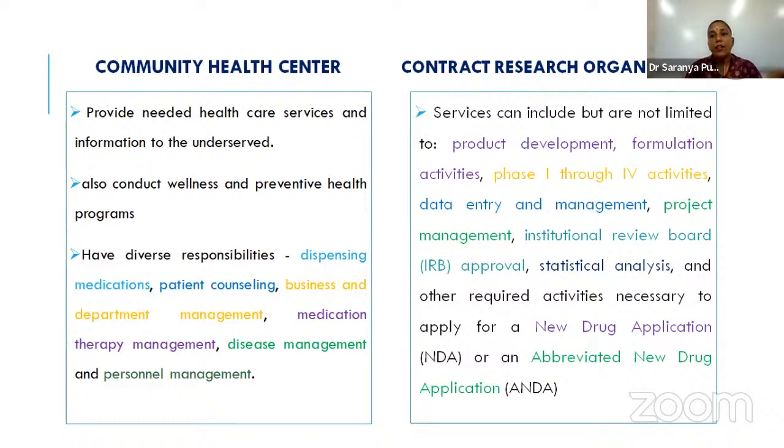Then in contract research organizations, that is CROs, CRO is a very common, very well known terminology for everyone. CROs are involved in clinical research, right? So this will be discussed in detail in the next session by my colleague. So I'm going to give you only brief information on what is there.